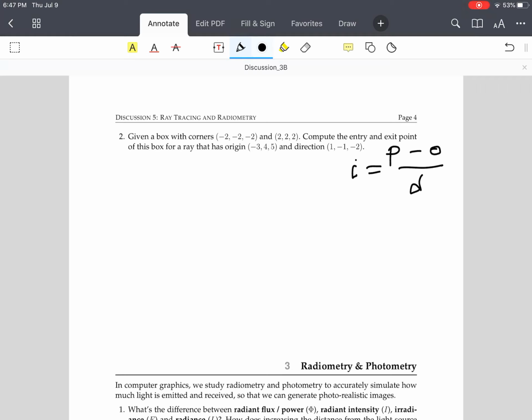D is how far this ray moves in one step, and so t is just how many steps does it take to hit this, right? Very simple equation, nothing too crazy. So let's see how this actually happens.